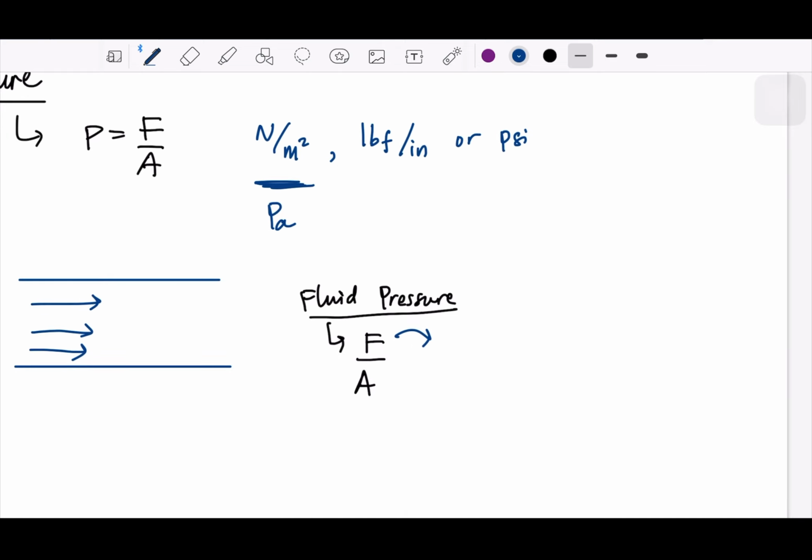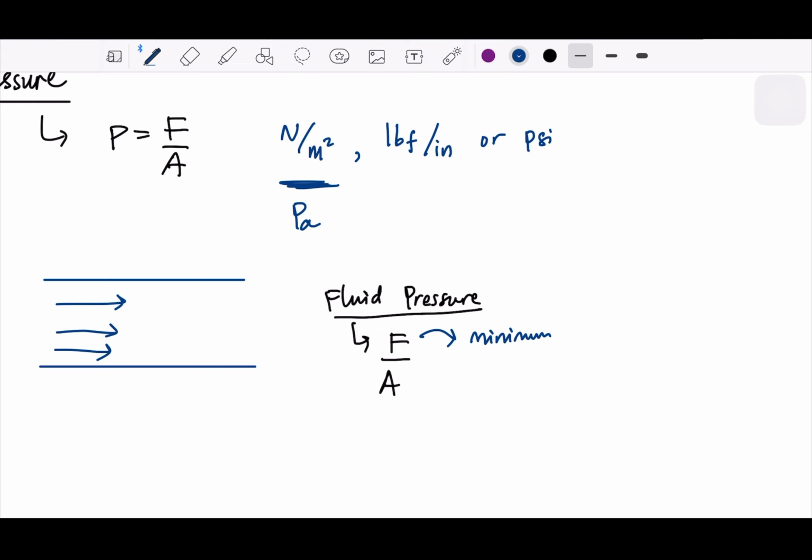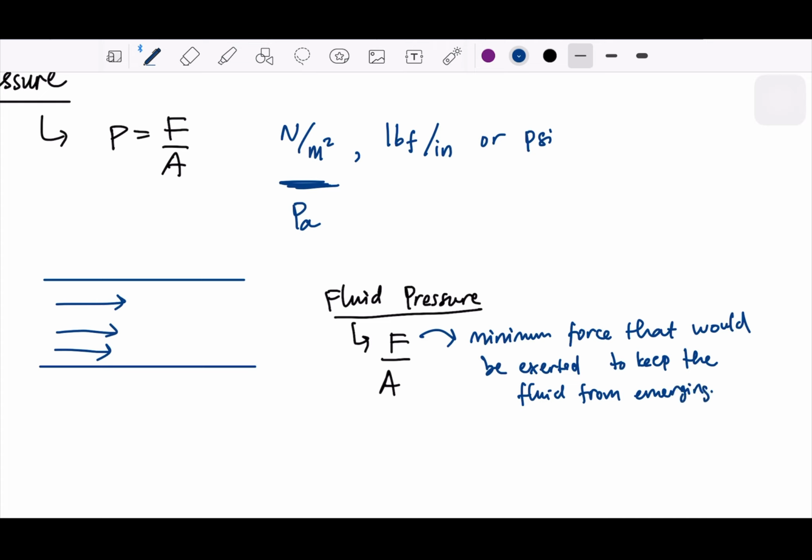The force, we can imagine, is the minimum force that would be exerted or applied to keep the fluid from emerging. And of course, because we are involving the environment, in our case here, this will be related to the atmosphere, because our atmosphere is also a fluid, right? It also contains air, right?